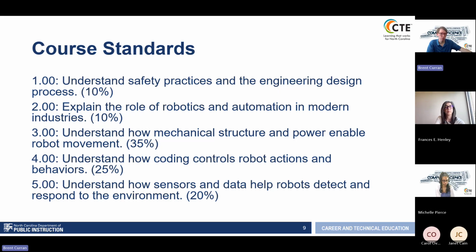They're going to go through what is the role of a robotic system and how does that relate to modern industry today. And then the core of the class is how do we build robots? So what is the structure and the power of a robot? How do you code it to do things such as actions and behaviors? And then how do we enhance our robot in the last standard with sensors? And how do we collect data to improve our designs?